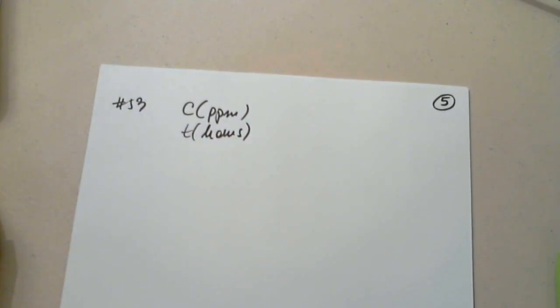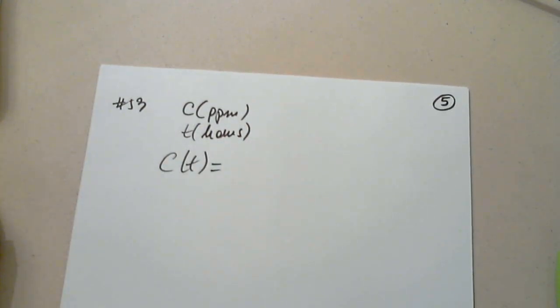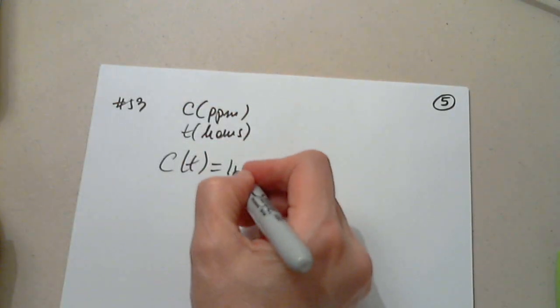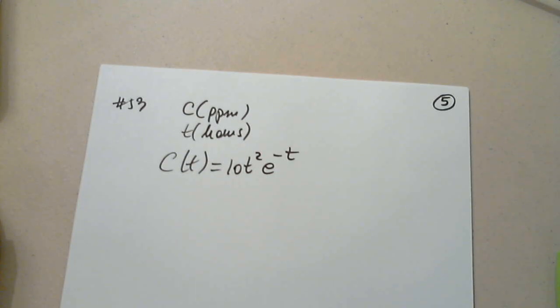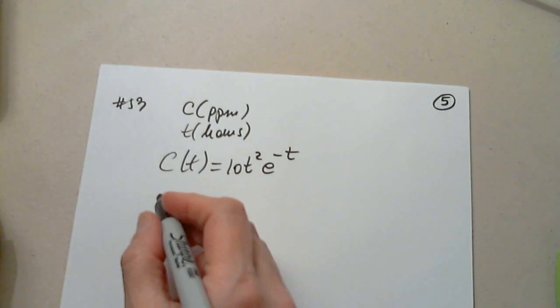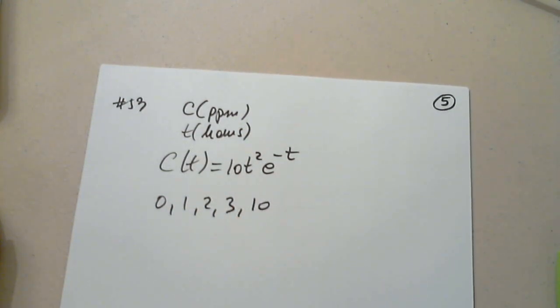I'll stop sharing in a second. After ingestion is given by C, function of time, equals 10t squared times e to negative t. Find the concentration after 0, 1, 2, 3, and 10. And then we can do this.